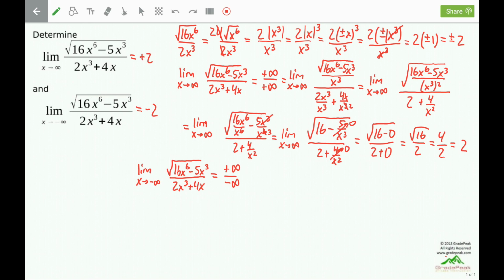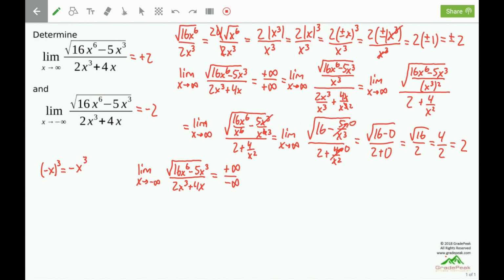To rework this, we'll divide both the numerator and denominator by the highest power of x in the denominator, that is x cubed. However, since x is approaching negative infinity here, and one of the highest power terms is under a root, happening in the numerator, we'll divide, instead of by x cubed, by a negative x quantity cubed. Now a negative x quantity cubed: negative cubed is negative, and then x cubed.